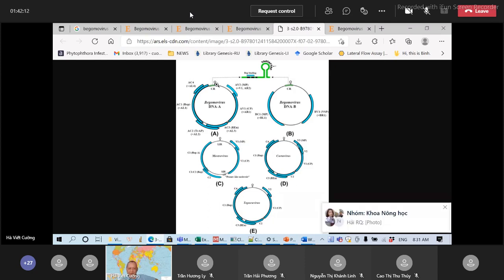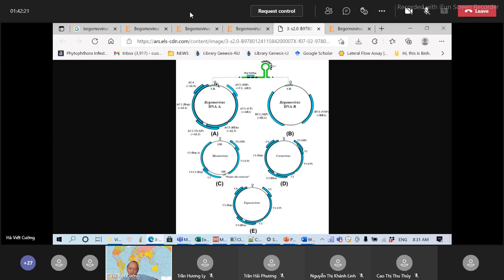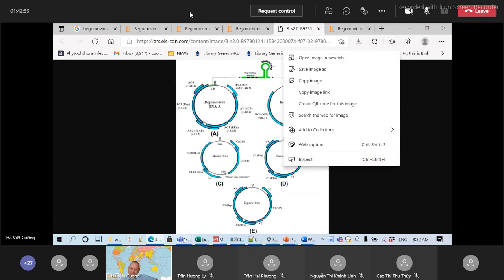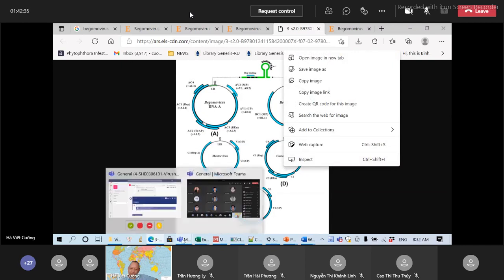From plasmids. So that's why in some cases you can transform the begomovirus into the bacterial cell, and then inside the cell, begomovirus can replicate autonomously. Do you understand what I mean?